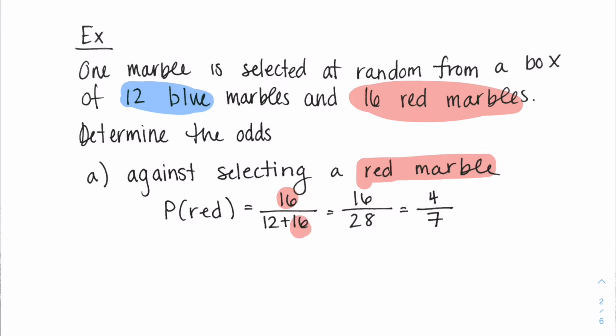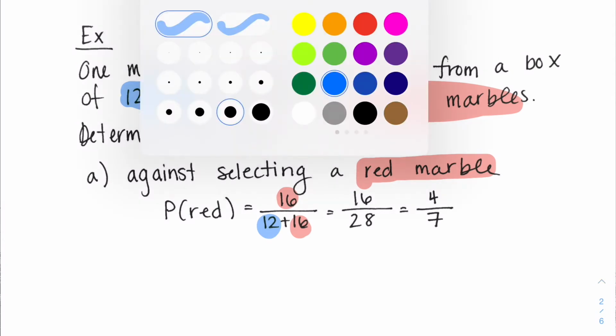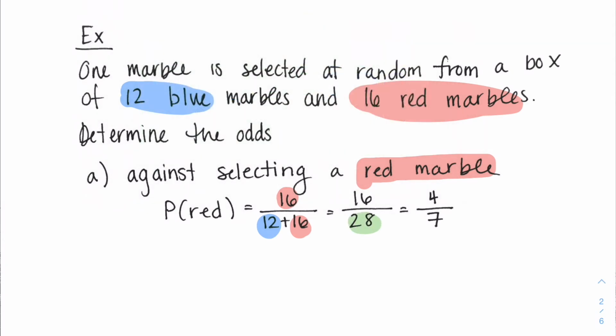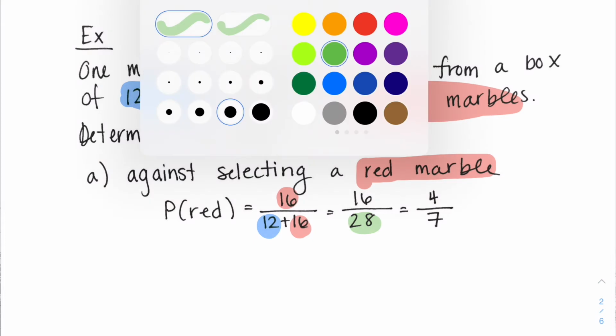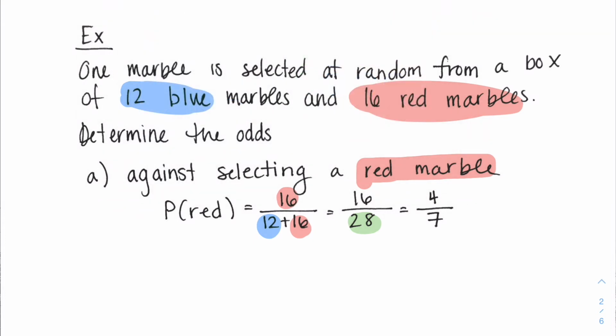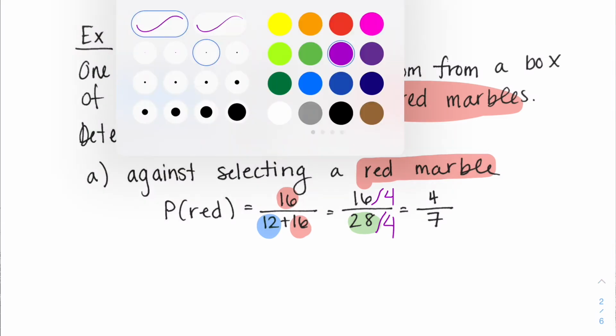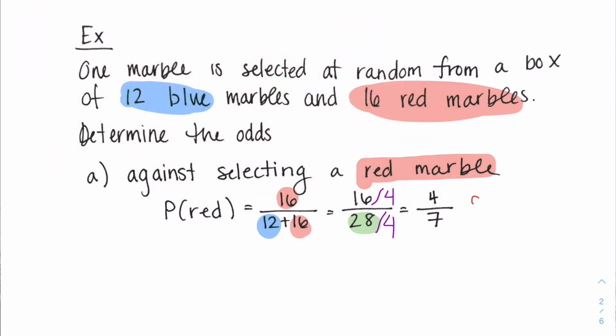So you have 16 red and you have 12 blue. So in total, you have 28 marbles you can pick from. So 16 out of the 28 are going to be successful for us. And both of those are divisible by 4. So we take the top divided by 4, bottom divided by 4. And the simplest form we have for success is 4 out of 7.